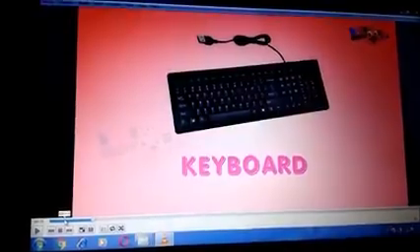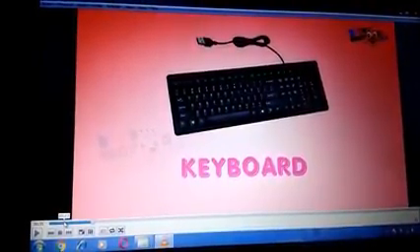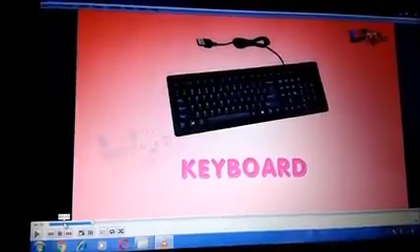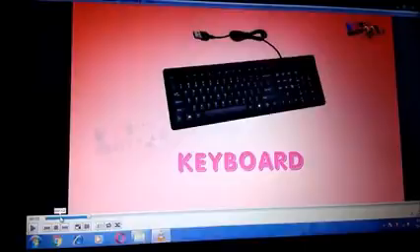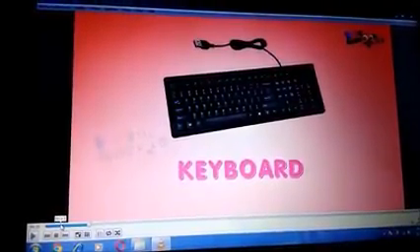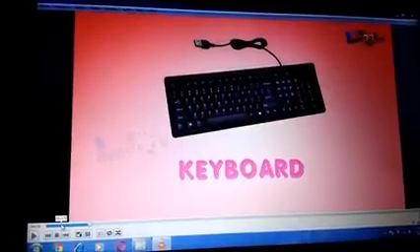Next, number 2 point, a keyboard has typically 101 to 104 keys, which means it is a combination of keys numbering from 101 to 104.